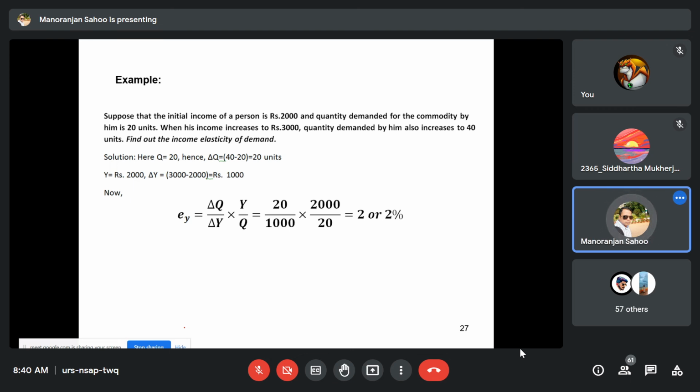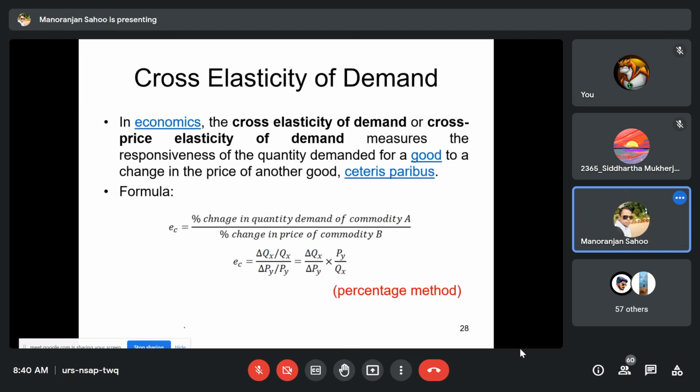So here the income elasticity will be 2. Or we can say that if income increases by 1%, demand will increase by 2%, and vice versa. By applying this simple formula, you can easily calculate the income elasticity.